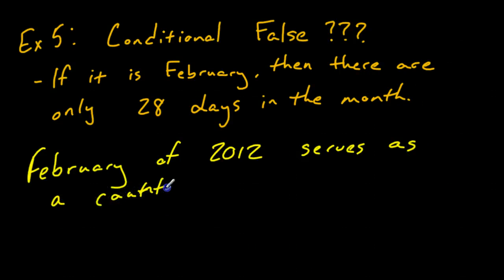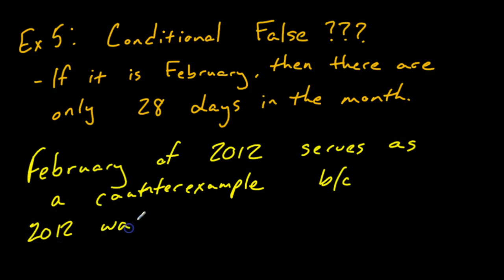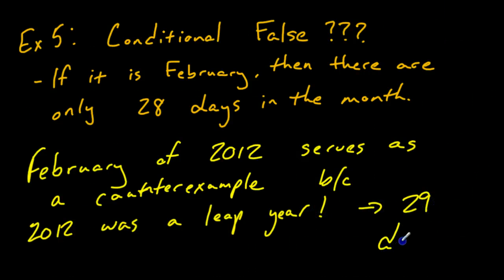Why does February of 2012 serve as a counterexample? Well, for one huge important reason. That was a leap year. And in leap years, February doesn't have 28 days. In fact, it has 29 days. So this whole conditional is a false conditional.